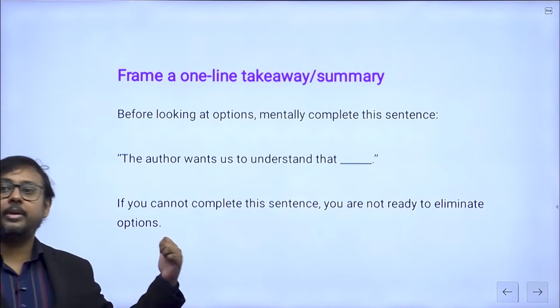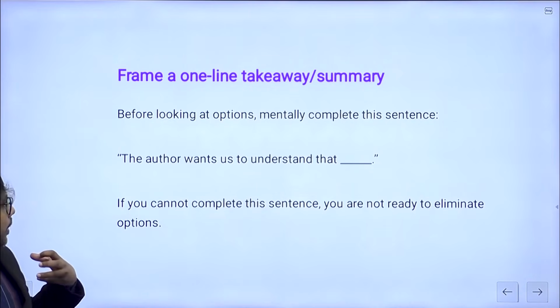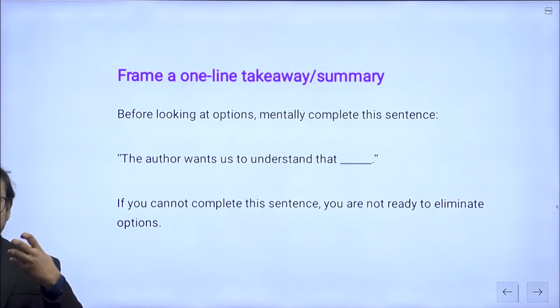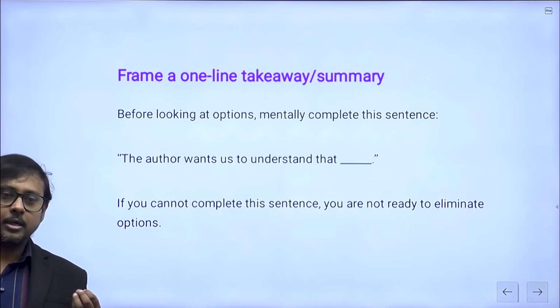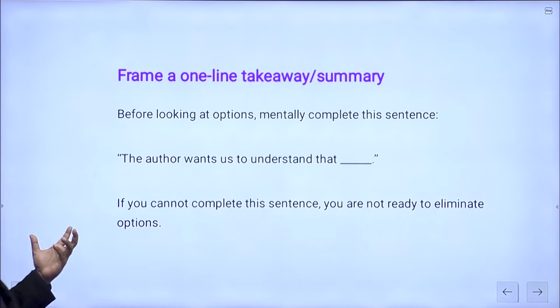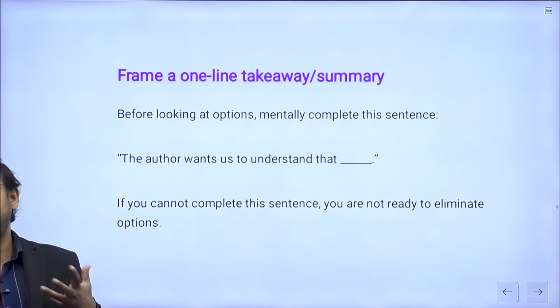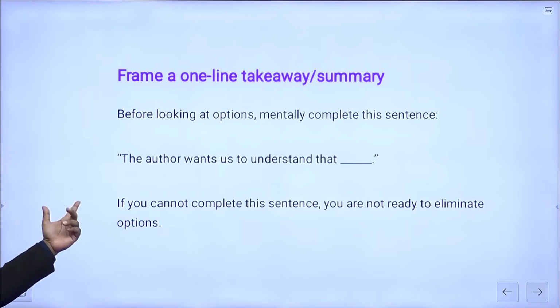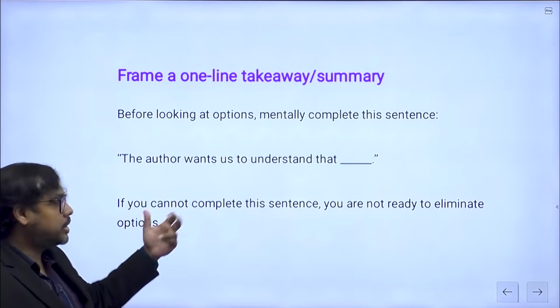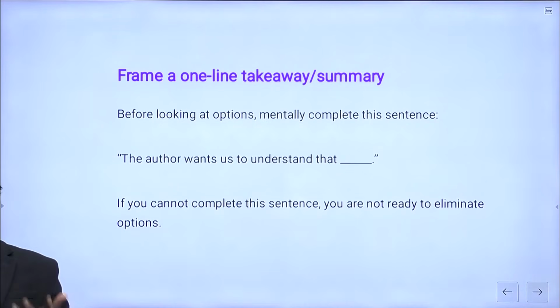Here we'll make a summary based on those sentences which have emotive words, or those words which communicate the message. Okay? The author wants us to, and then you have to ask this question. So this is a summary. The author wants us to understand. This is the summary, right?